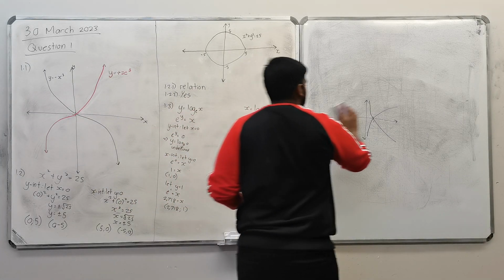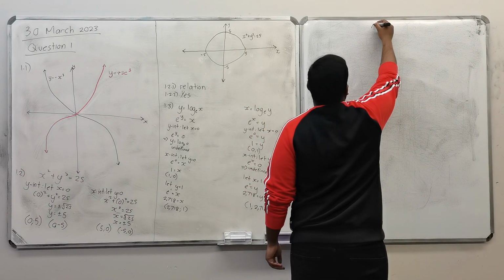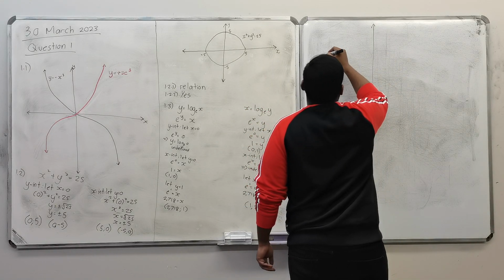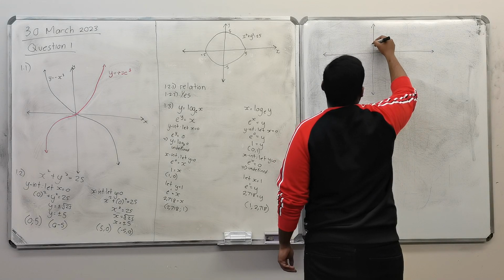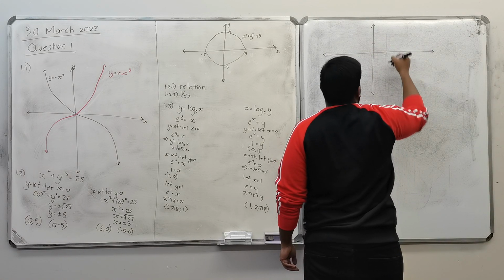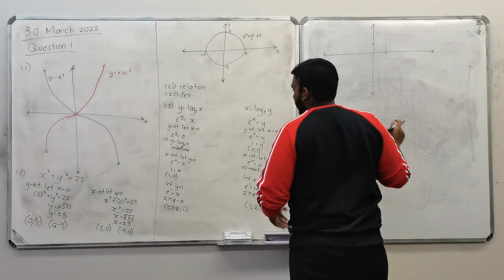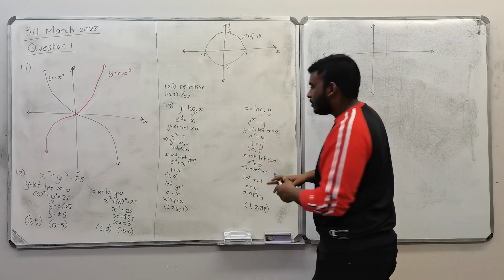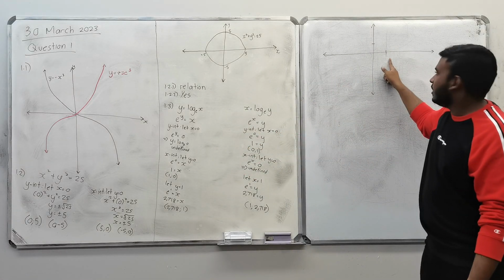So to plot it, this is your axis. Okay, so this is 1 and 0. That's 1. This is 1 and 0. That's 0 and 1. Right? Okay, let's look at this one. So this one, the one coordinate is 1 and 0, which is here.